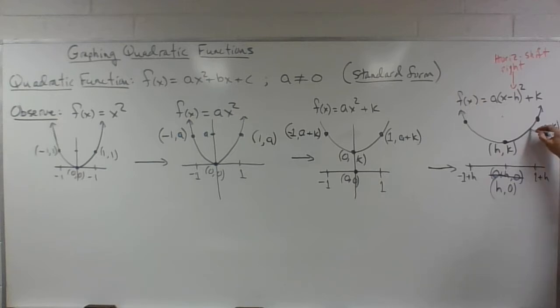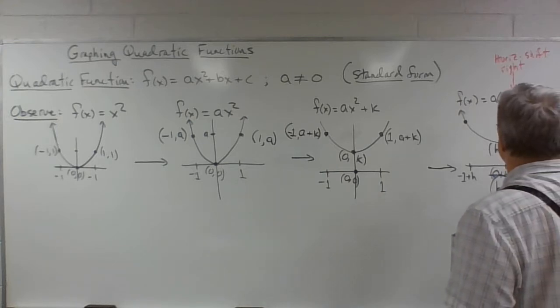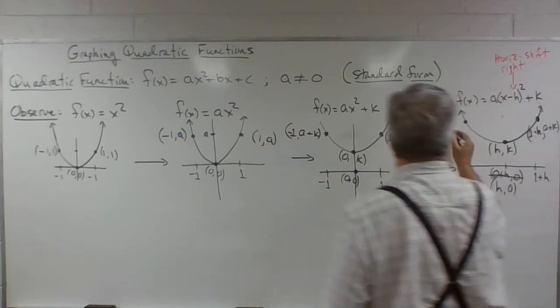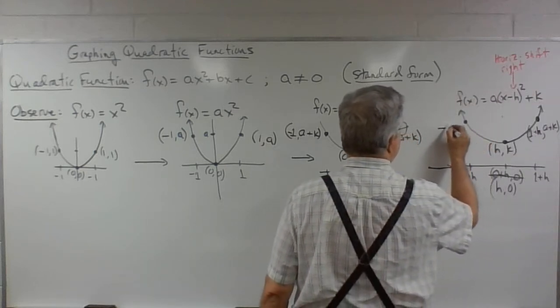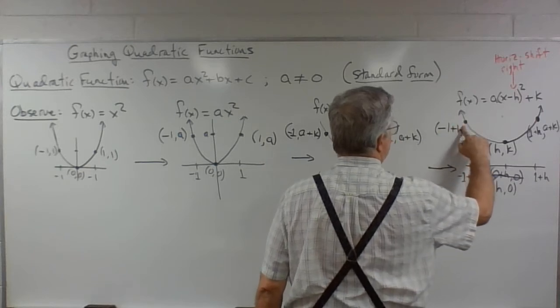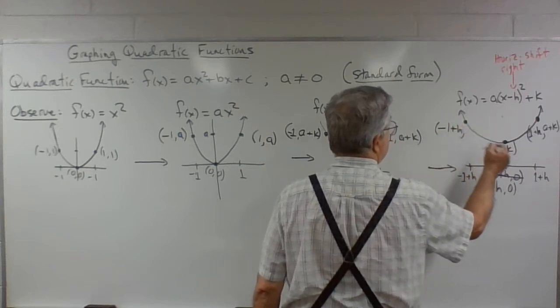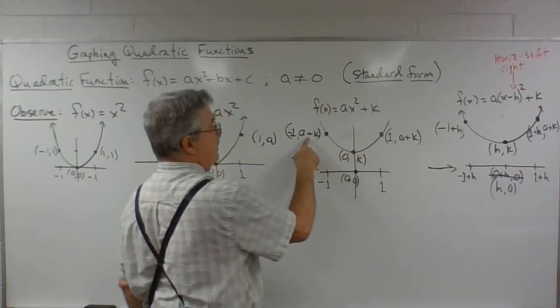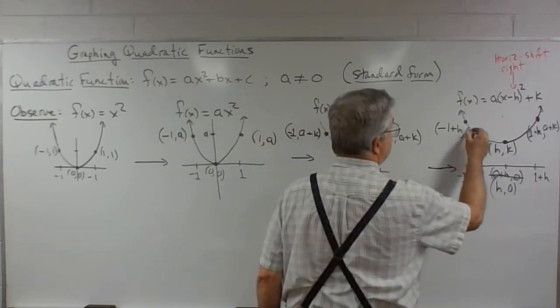The x coordinate here is 1 plus h. The x coordinate here is negative 1 plus h, and the y coordinate is a plus k.